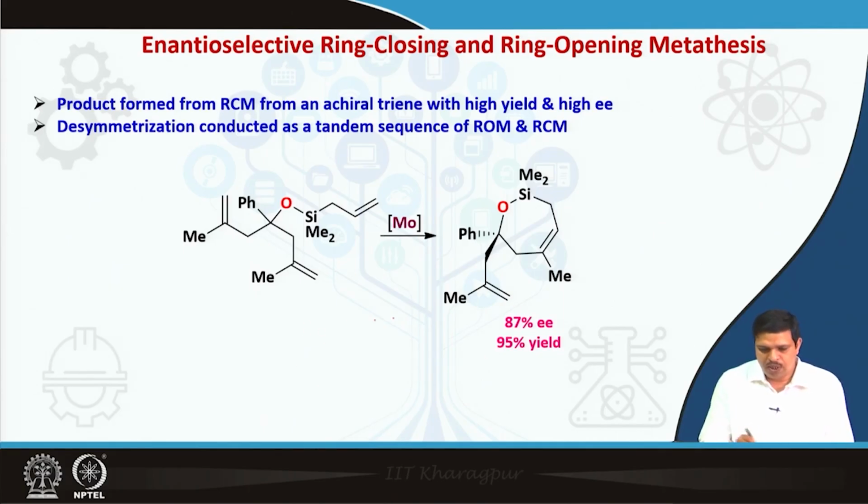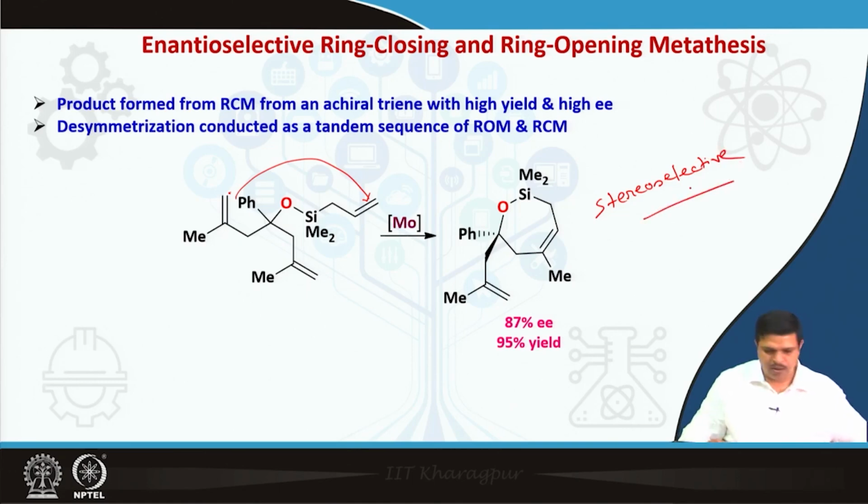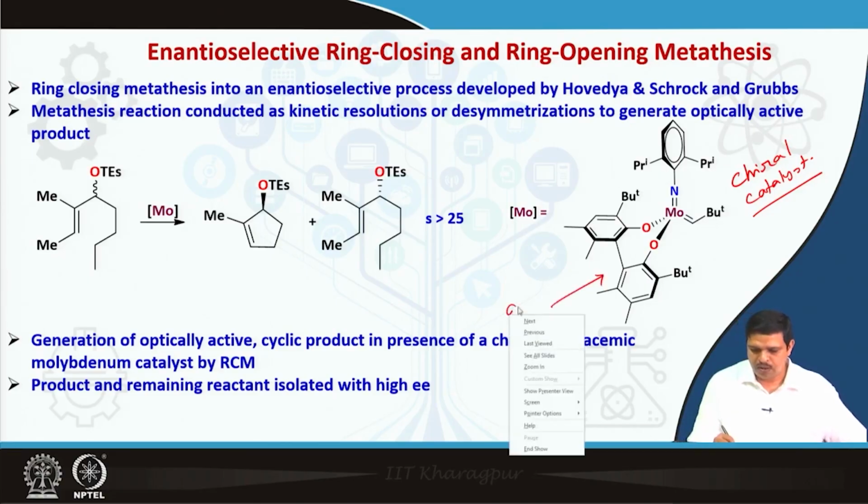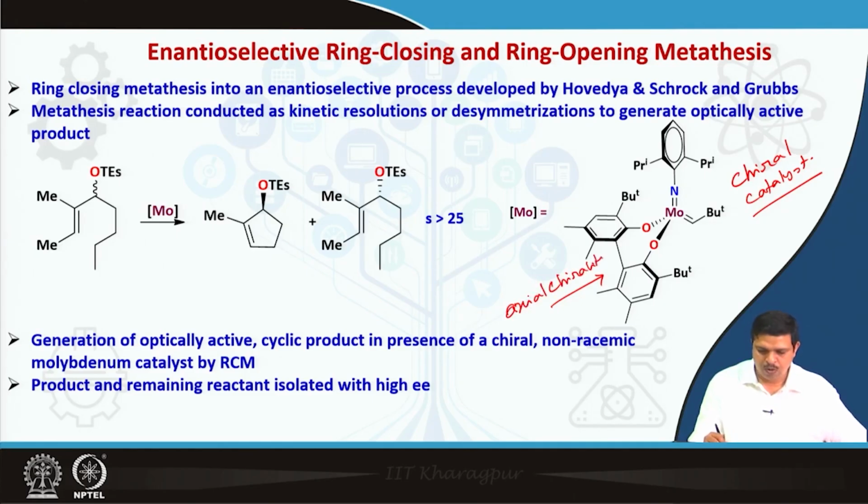What you will see is that you are closing a ring, and you are making this reaction stereoselective by the chirally modified Schrock catalyst. Here the chirality comes from the axial chirality of a substituted biphenyl.